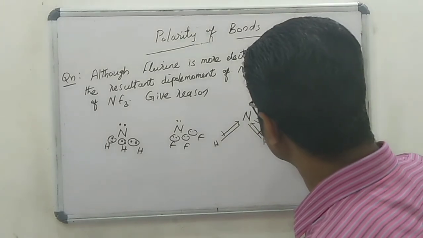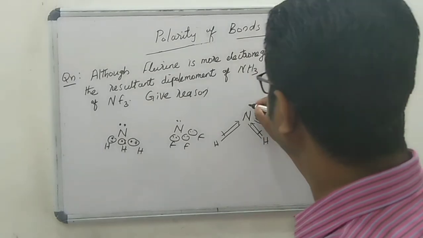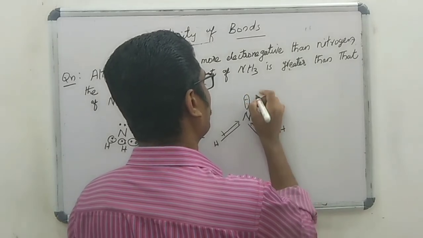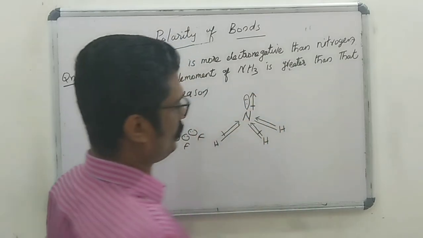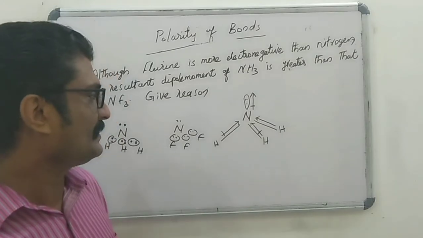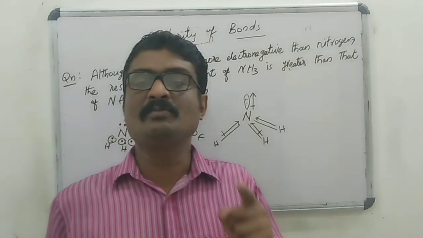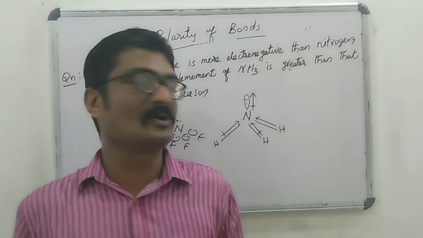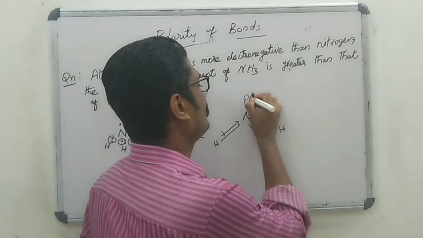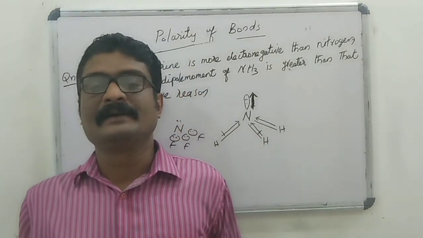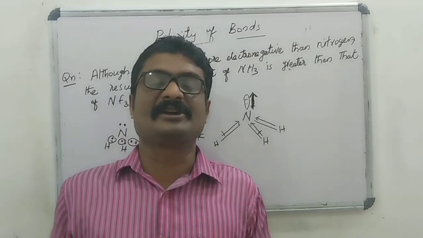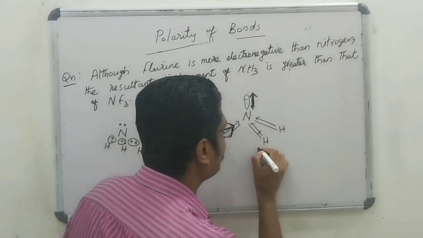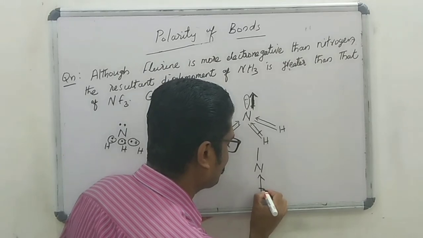And the bond moment due to the lone pair of electrons, that means here in NH3, this bond moment due to this lone pair of electrons, is in the same direction as the resultant dipole moment of these three NH bonds.